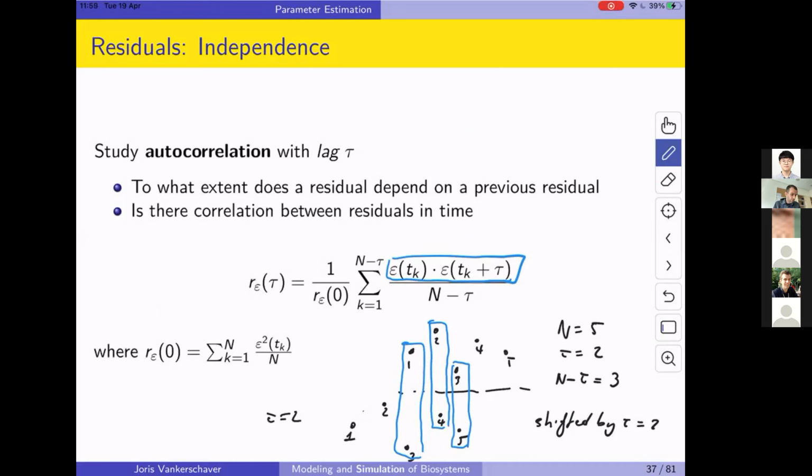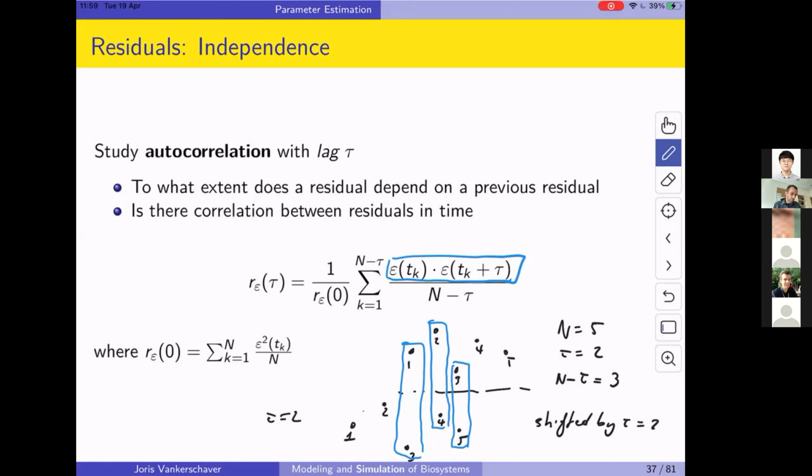So this 1 over R0, R0 is the sum over the squares of the residuals. So here you take all the residuals, you square them, you sum them together, and you divide by n. And that's going to give you exactly the quantity that I showed you on the previous slide.